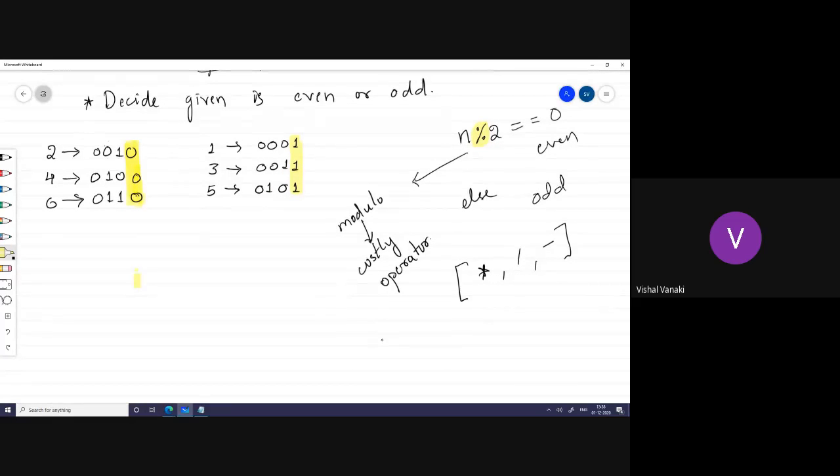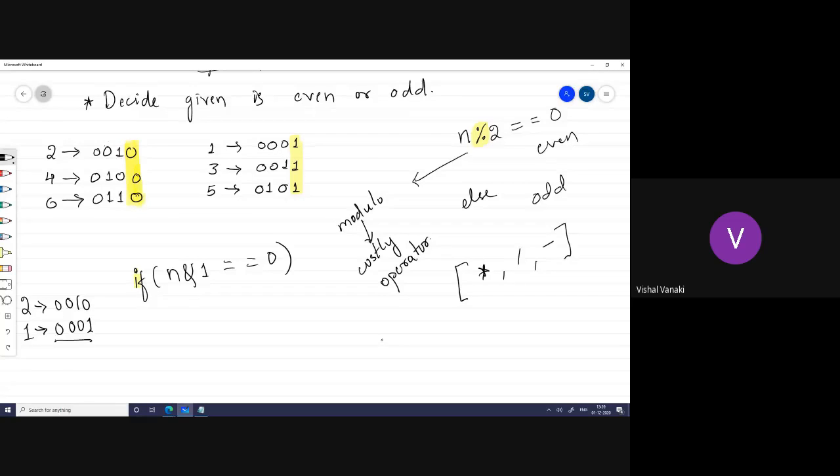For example, I can write a condition as: if n bitwise AND of 1 is equal to 0. For example, let's take the n value as 2. The binary of 2 is 0010, and bitwise AND it with 0001.